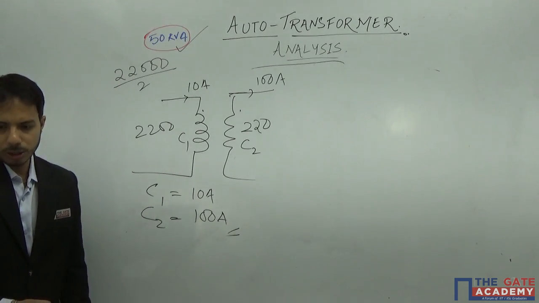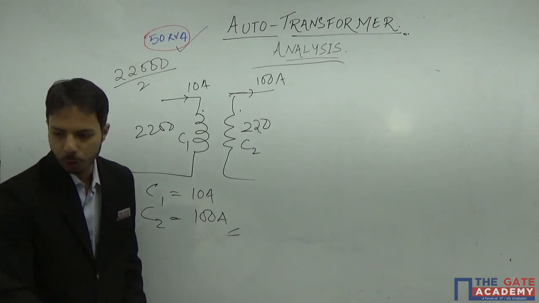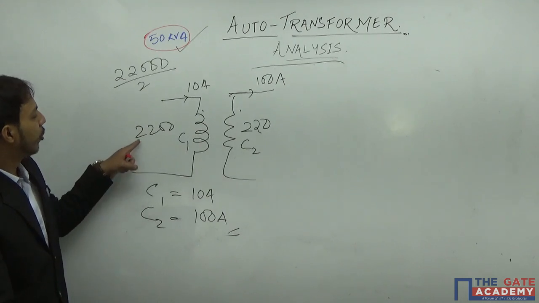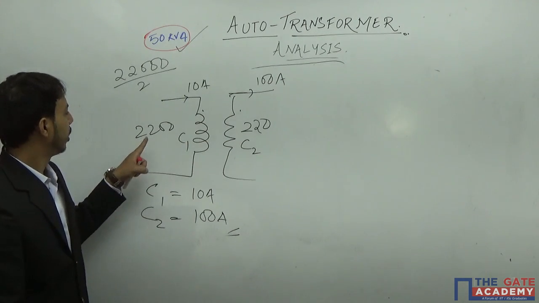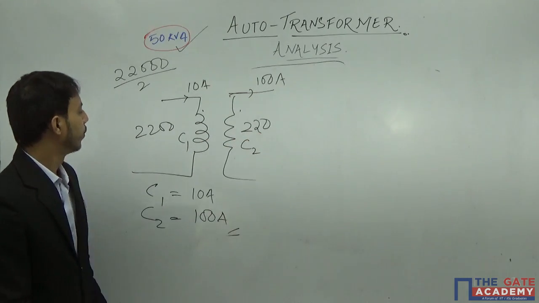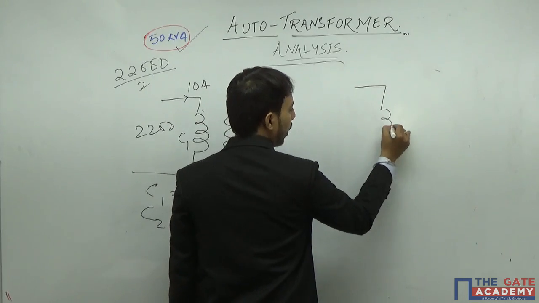So I will connect this 2-winding transformer as an auto transformer, and the output is given as 2420. That means, what is the maximum voltage that can be here? If I add 2200 with 220, I will be getting 2420. That means this is additive polarity, as simple as that.